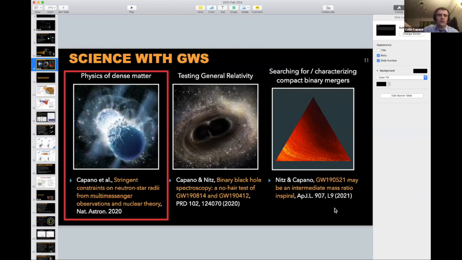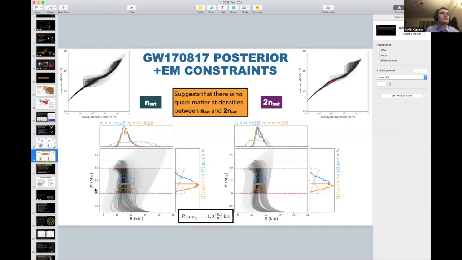So for instance, we have a student here that's been looking at this for the next few generations of detectors. If you look at our posterior here, if you take the stiffer end, so the more bloated equations of state up here, then you can actually distinguish quite well the difference between a neutron star and a black hole if you had a system at the same distance as 170817 and even at twice the distance.